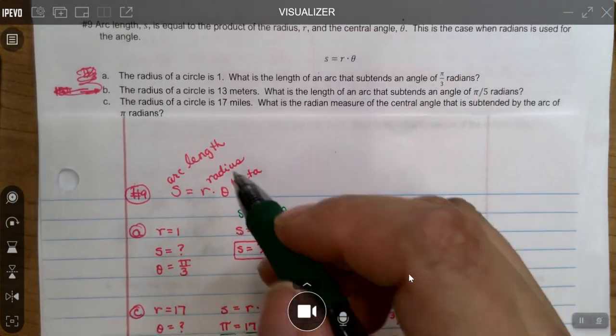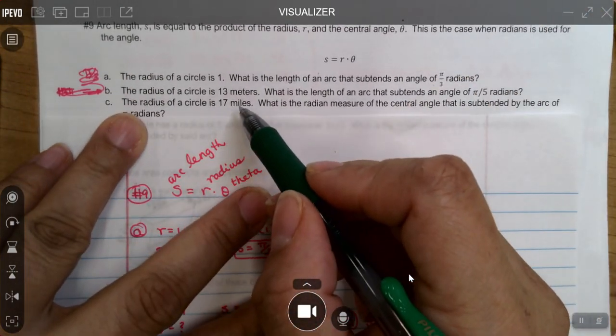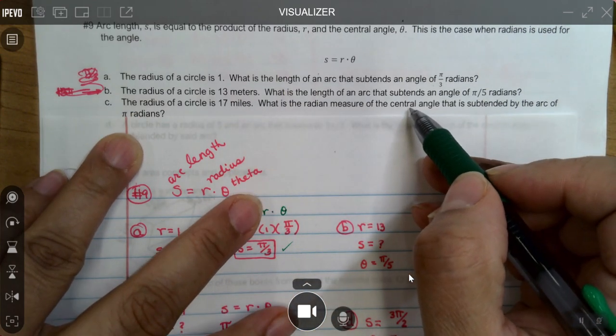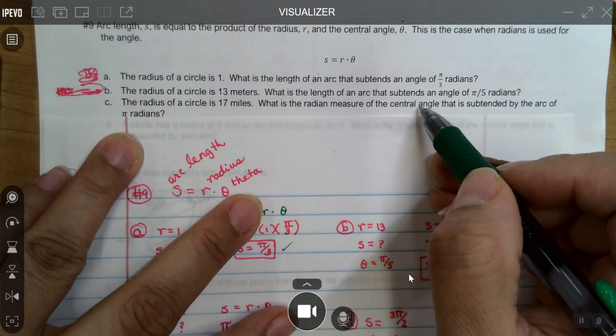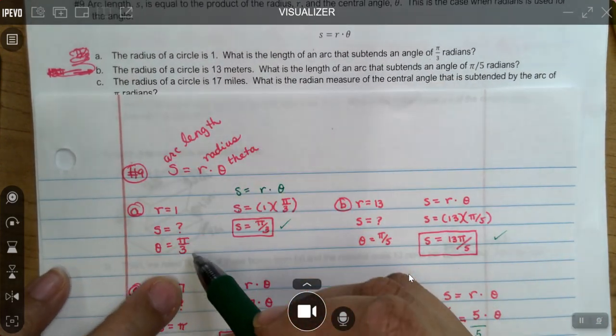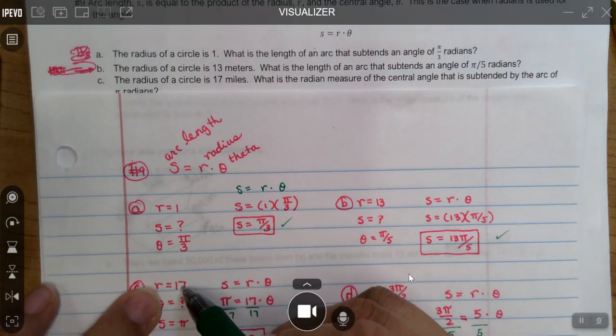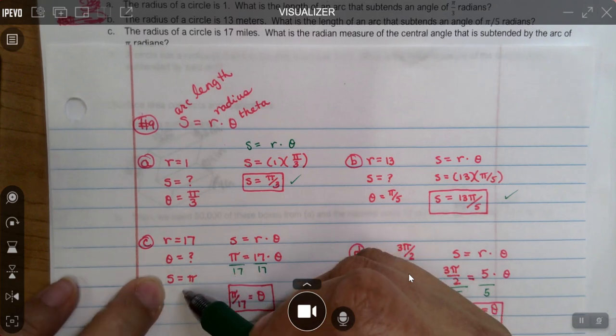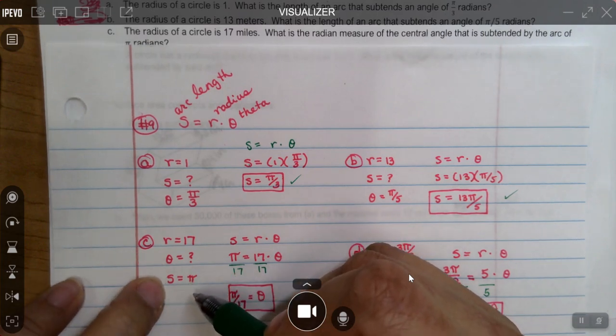All right. C changes a bit. The radius is 17. What is the angle when the arc length is pi?